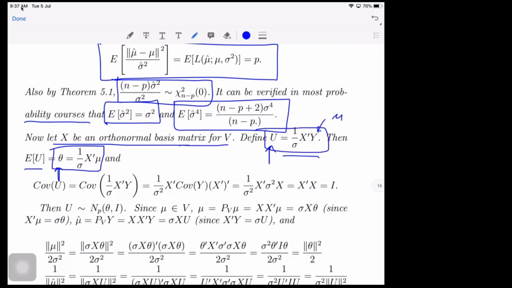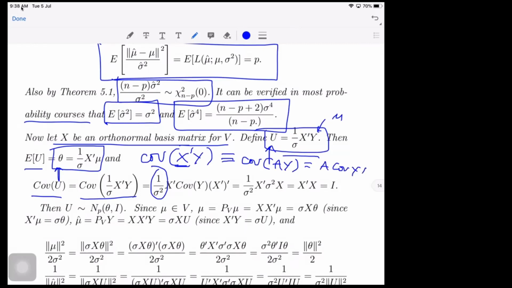Theta is the expectation of U. And the covariance of U will be equal to the covariance of 1 over sigma X prime Y. This is just a constant. And then the covariance of X prime Y is similar to the covariance of AY, which is A covariance of Y A prime, correct?